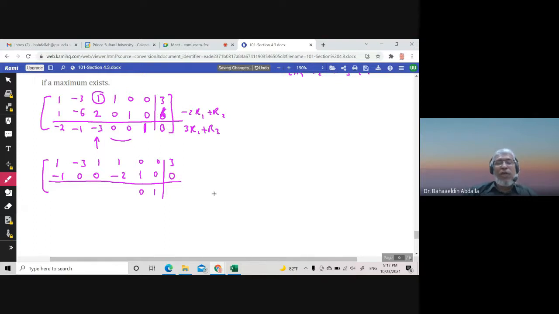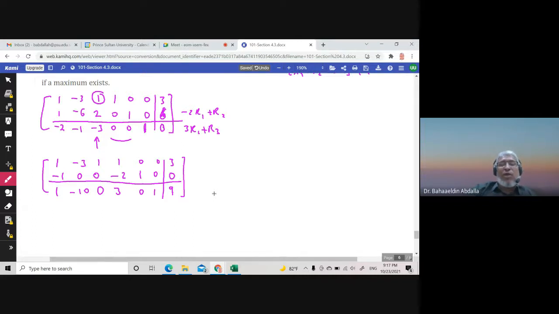Okay. 3 plus negative 2 is 1. 3 times negative 3 is negative 9 minus 1, that's negative 10. 3 plus negative 3, that's 0. 3 plus 0 is 3. 3 times 3 plus 0 is 9. And this is the new matrix.